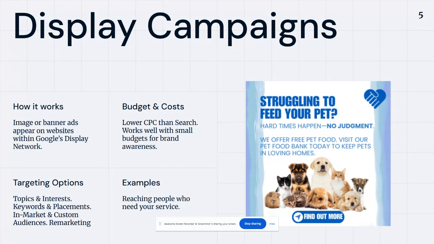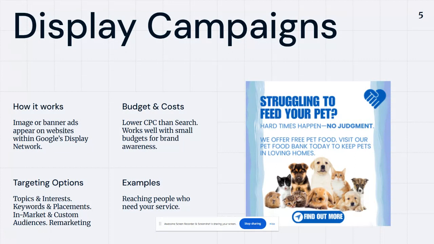Then keywords and placements. Keywords is the same as what we were talking about with the search. So you can target people based on what they're typing into Google. Google picks up on these signals, and it's like, right, okay, these people are searching around this, and we're going to show those visual ads.